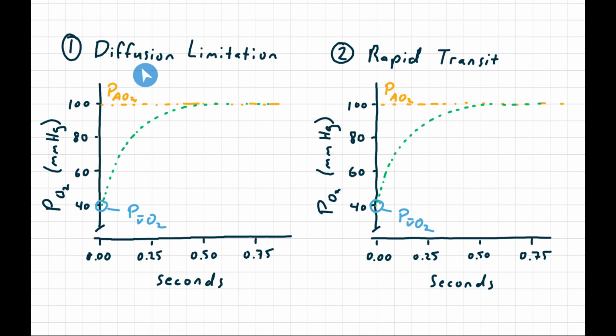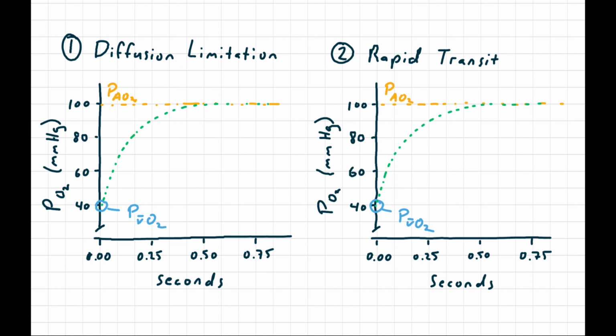So the graphs I've laid out here are exactly the same as above, with a dotted green line representing normal diffusion, just like we drew a minute ago. The alveolar partial pressure of oxygen is in yellow, mixed venous oxygen partial pressure is the blue circle, and normal capillary oxygen partial pressure is in the green dotted line.